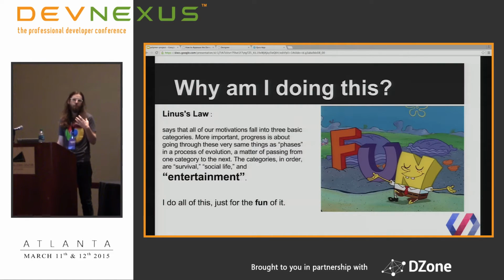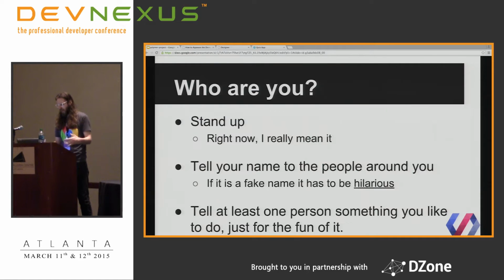And so something that's fun or entertaining is intrinsically challenging and interesting. And so I'm not doing this because I need to do it because I want to stay alive or because I've got some secret world order that I'm trying to establish by bringing all of you here and indoctrinating you into Polymer and web components. It's even more than that. I enjoy those things. I hope that you enjoy them too.